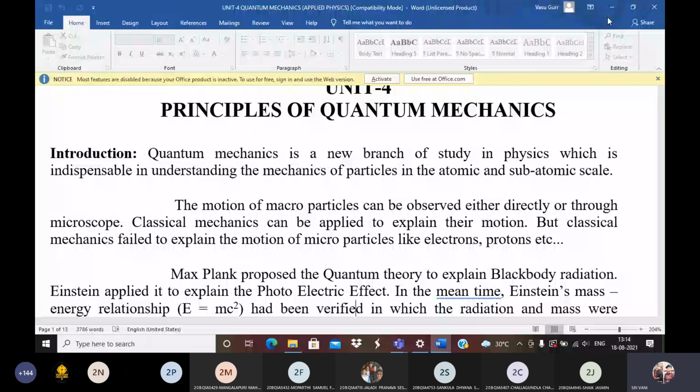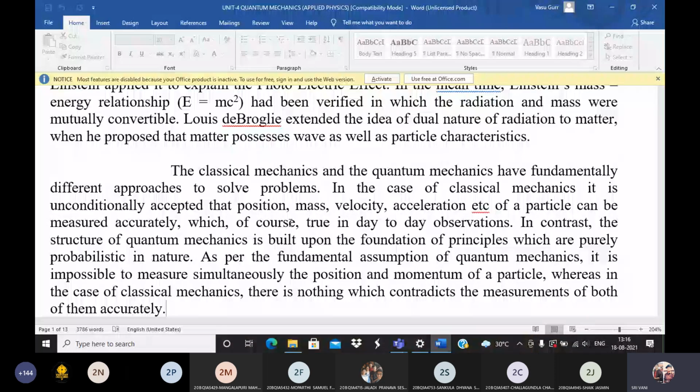A wave possesses wavelength, frequency, amplitude, and density. All these are properties of waves. Our entire lesson depends upon the quantum theory given by Max Planck. Every topic we learn in our present lesson comes from Planck's quantum theory.